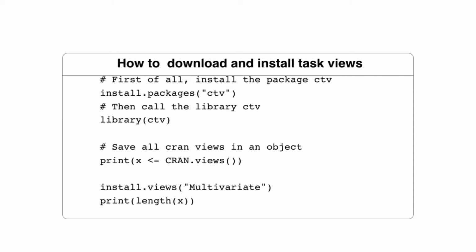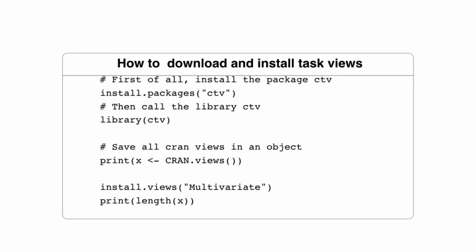The package is called CTV, and it stands for CRAN Task View. So CRAN, that's a C bit, task, that is T bit, V view. So say install.packages, open and close a parenthesis, and type within quote marks CTV. You know this. This is a very common routine that we've done before.